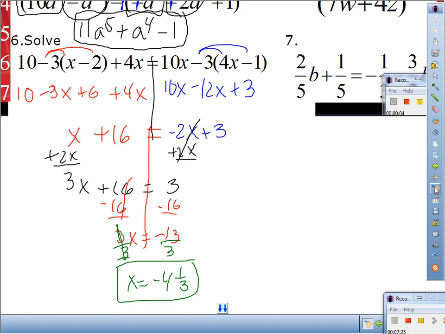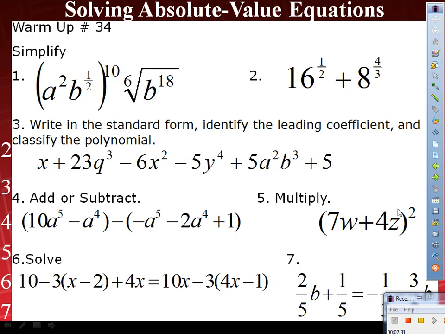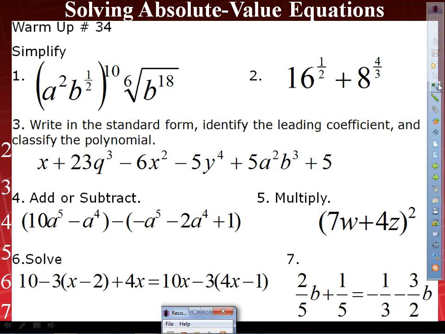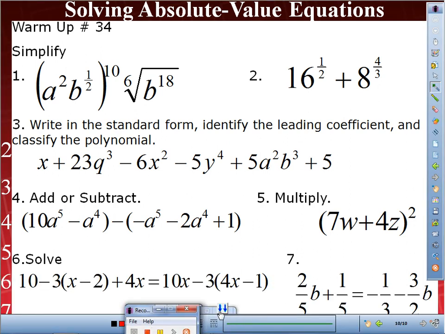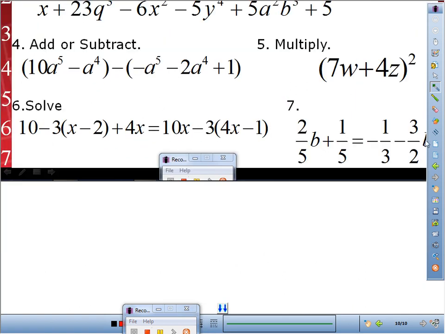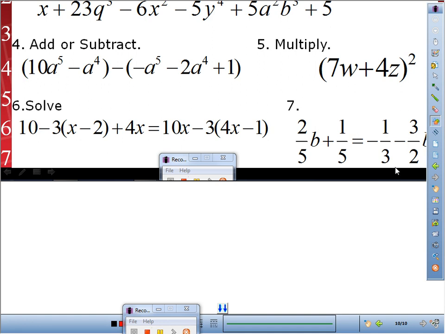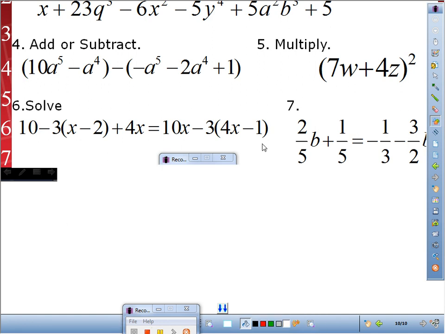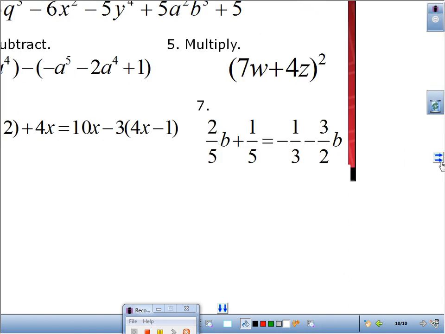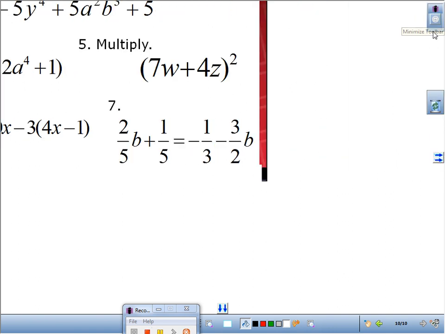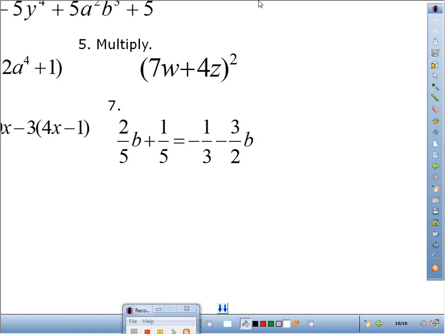Let me move this out of the way. All right. So let me go over this one. My goodness, Venus. Stop it with a pen. All right. So you're like, how did he know?